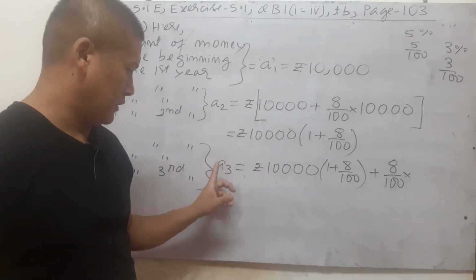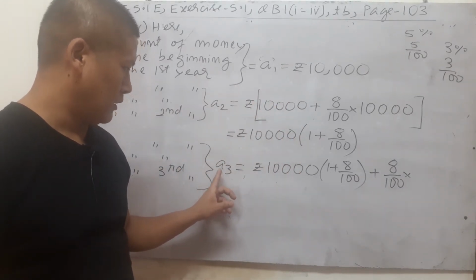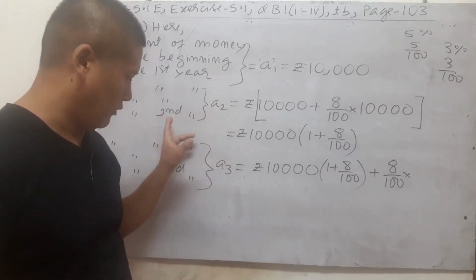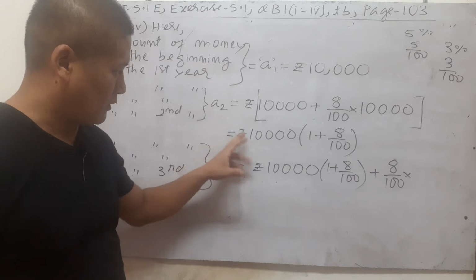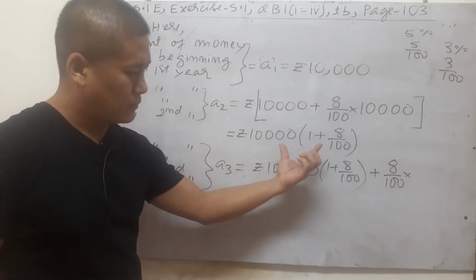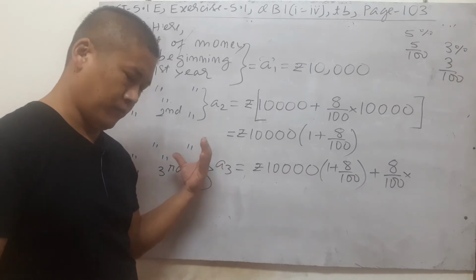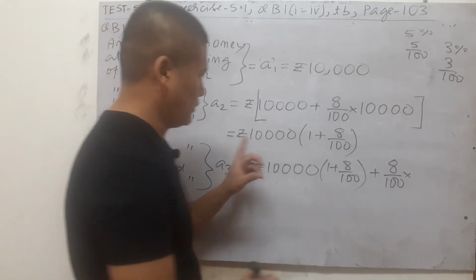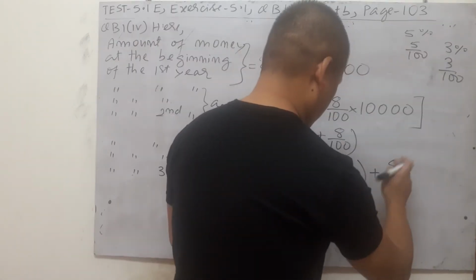So the principal for the third year will be the amount remaining of the second year, the amount at the beginning of the second year, which becomes the principal for the third year. So 8 by 100 into principal is the interest.